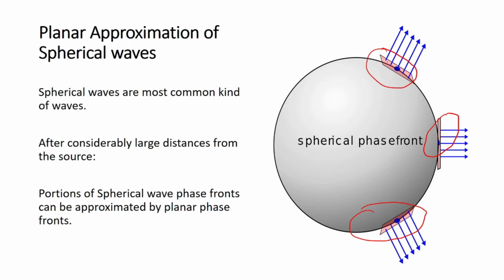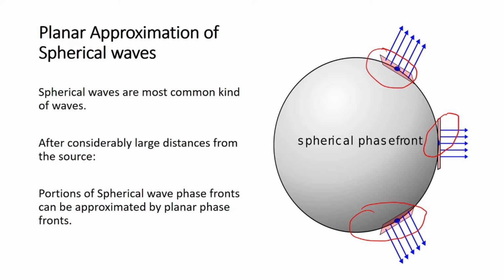On the same sphere, I would have multiple planes. And why do I do this? Because it is obvious that analyzing a plane wave is much easier when compared to analyzing a spherical wave, because a plane wave is dependent only on the distance an electromagnetic wave has traveled.